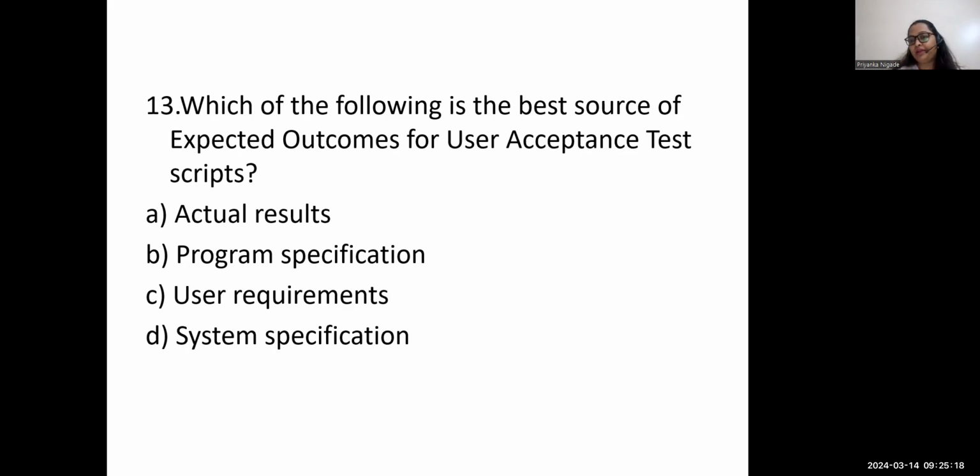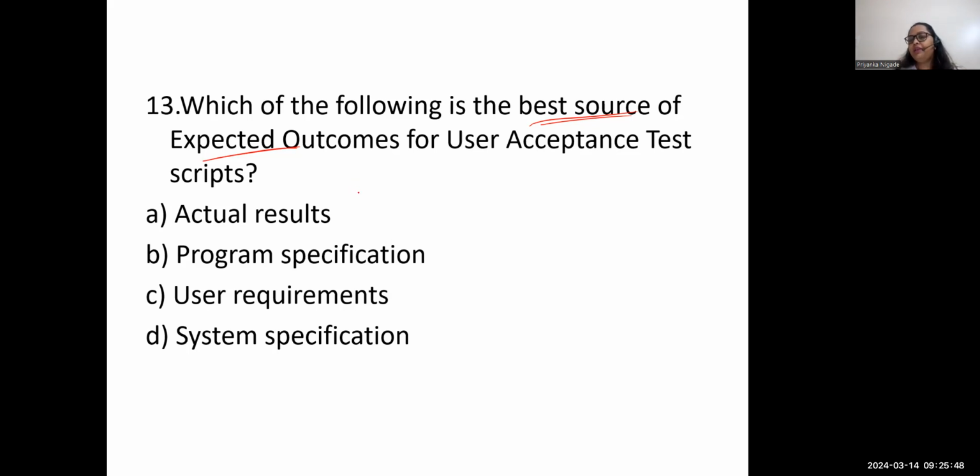Think properly. The options are actual result, program specification, user requirement, or system specification. What is the best source of expected outcome? Okay, write your answers quickly.